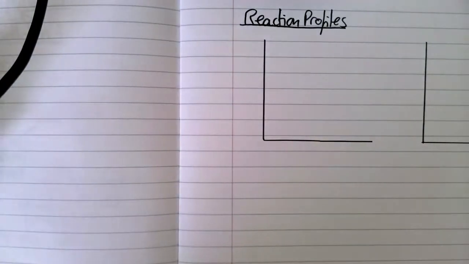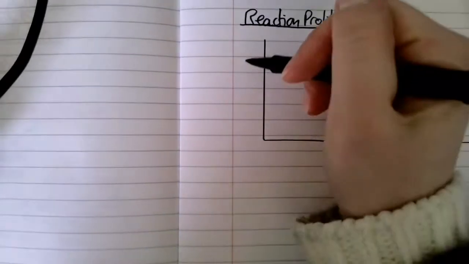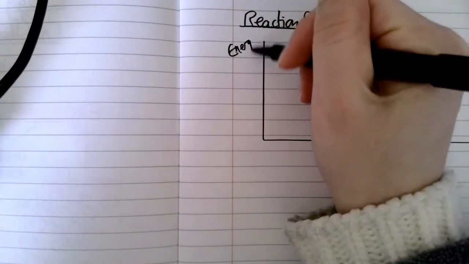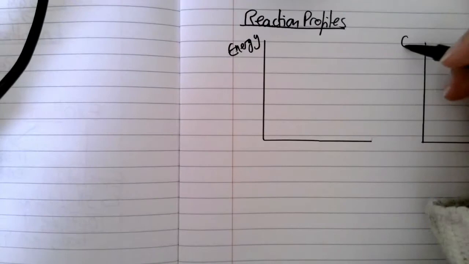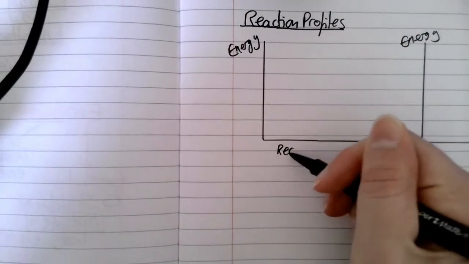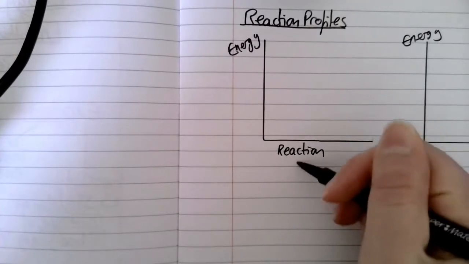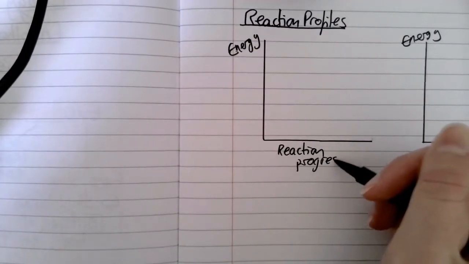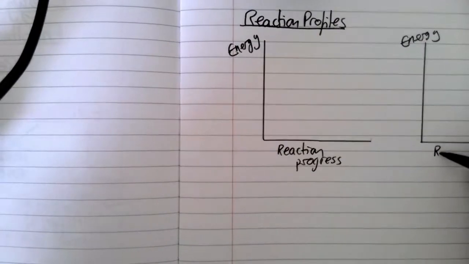So our energy goes up the y-axis, whereas our reaction progress goes along the bottom.